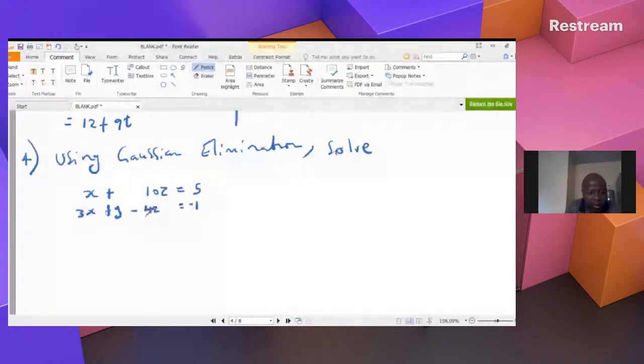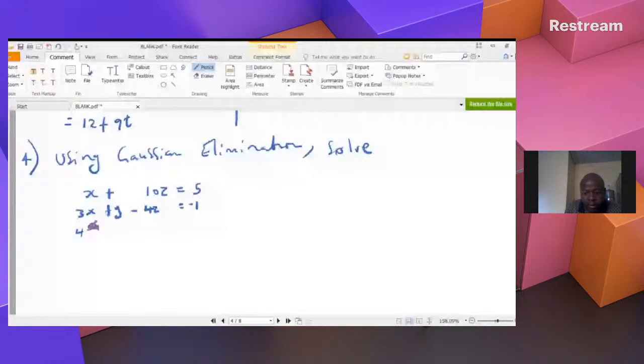And then for x plus y plus 6z is equal to, so there's a negative 1 here, there's a 1 here. So we want to solve this using Gaussian elimination.